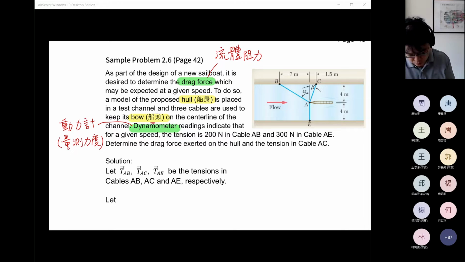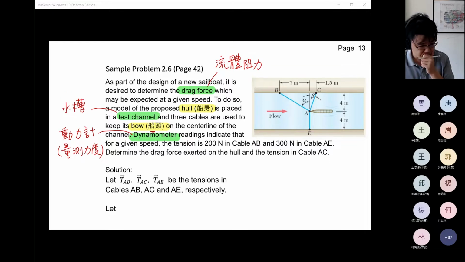The test channel is good. Test channel, in this problem, you can translate it as this one. Of course, when we test airplanes, we have wind tunnels.